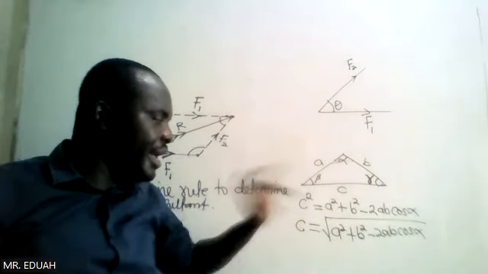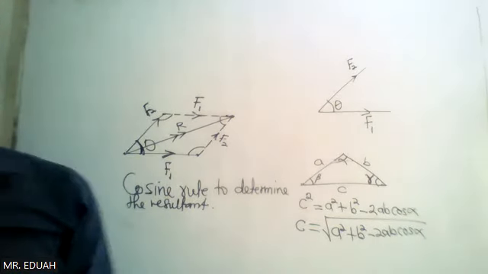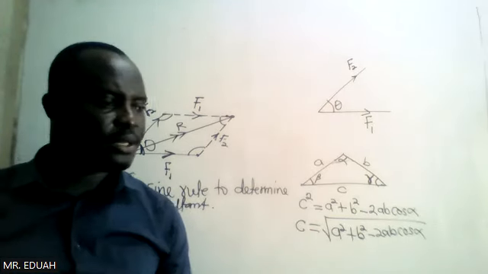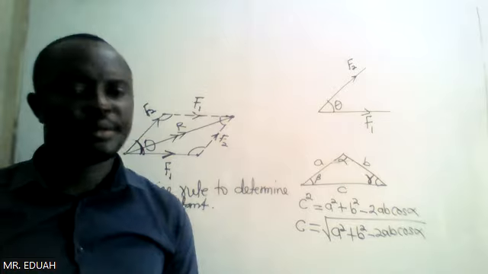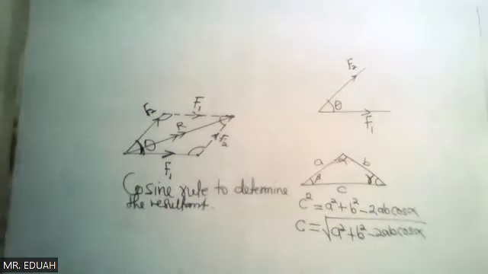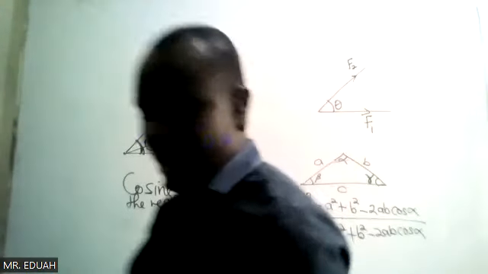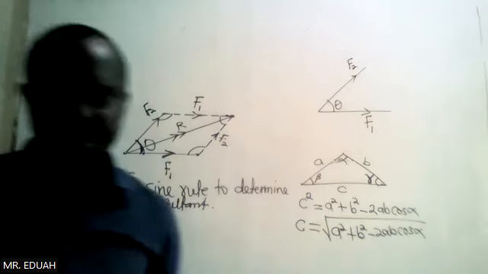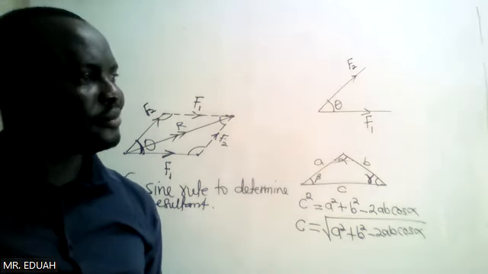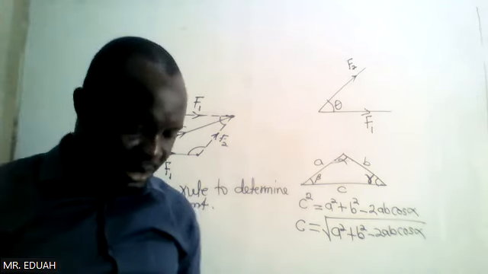Now, if I'm looking for A, what do I have to do, class? If I'm looking for A or B, somebody should help me. A squared is equal to B squared plus C squared minus 2BC cos the one over there. Thank you.